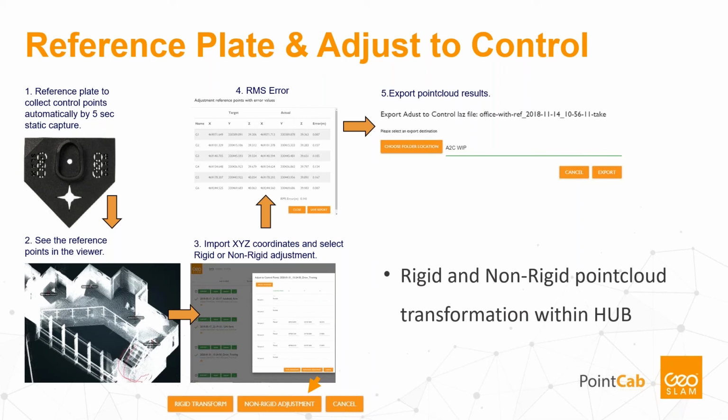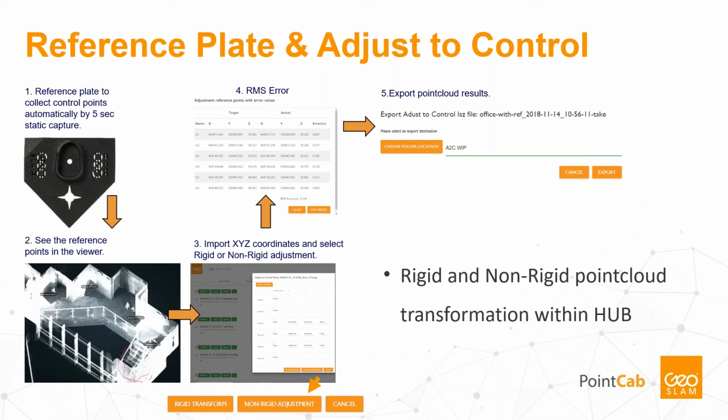This means that if you are using reference plates in there, you are able to improve the SLAM even more, because then the reference plate regarding the coordinates you have measured will be applied to the point cloud with a non-rigid point cloud transformation within Hub directly.